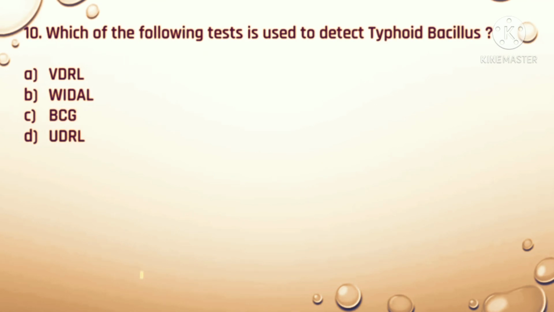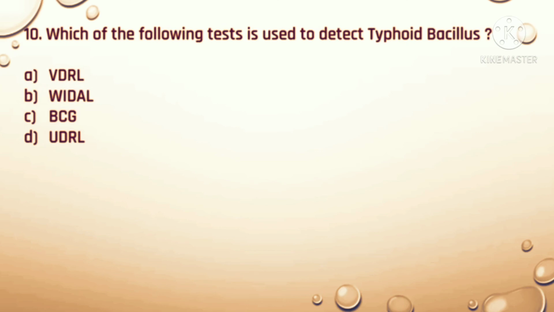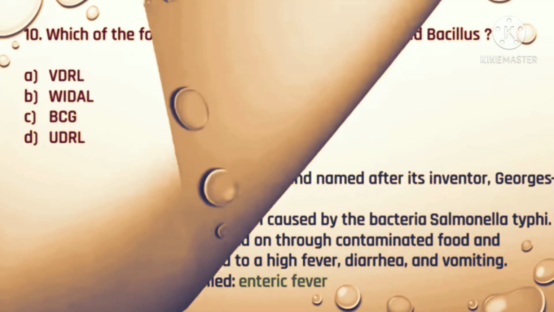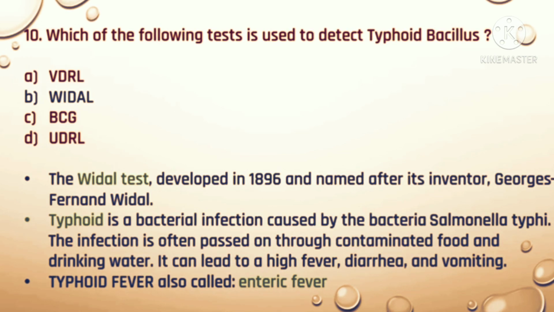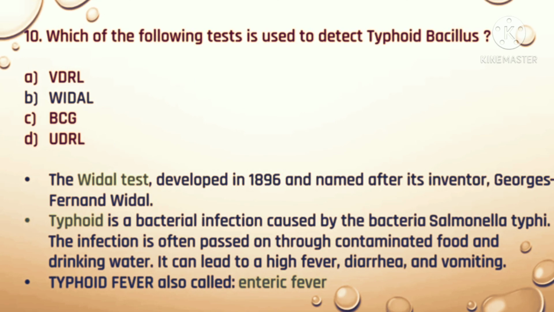And the next question is, which of the following test is used to detect typhoid bacillus? Vidal, VDRL, BCG, and UDRL. The right option here is Vidal. And the important point here is Vidal test, it is developed in 1896, and it is named after its inventor Georges Fernand Vidal.